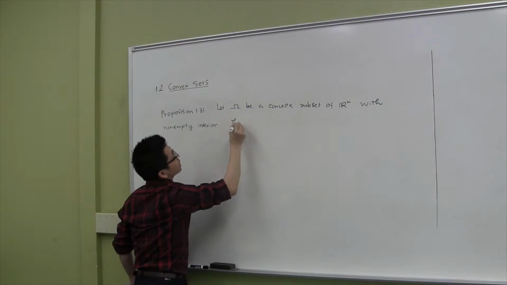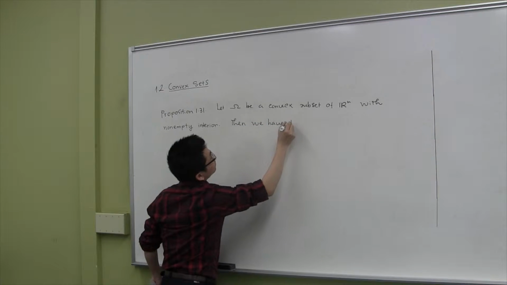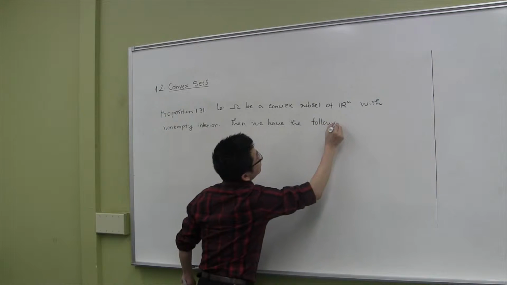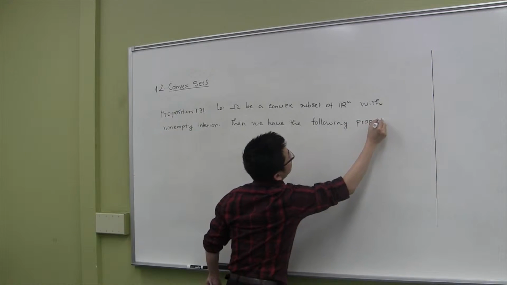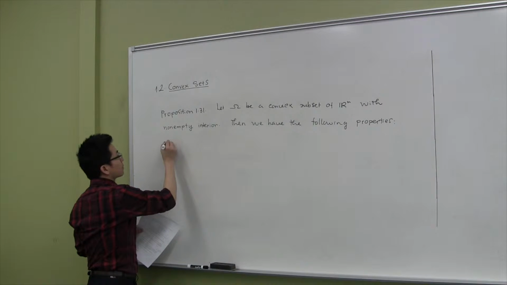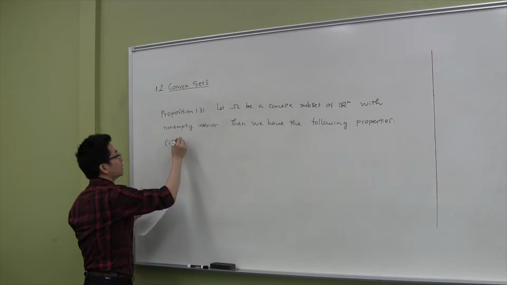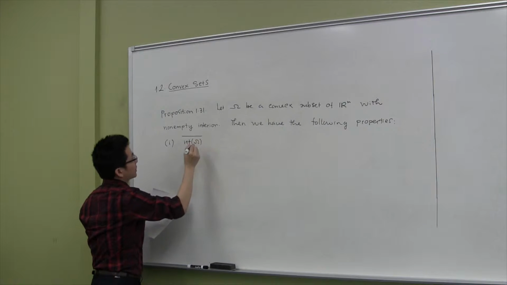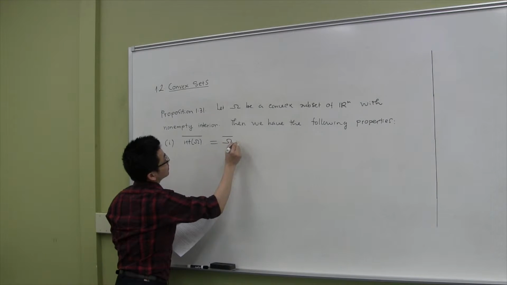Then we have the following properties. The first property is the closure of the interior of omega is equal to the closure of omega.